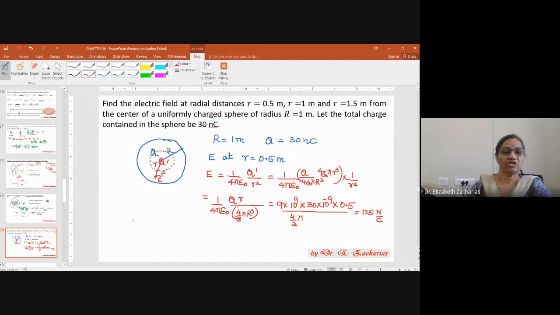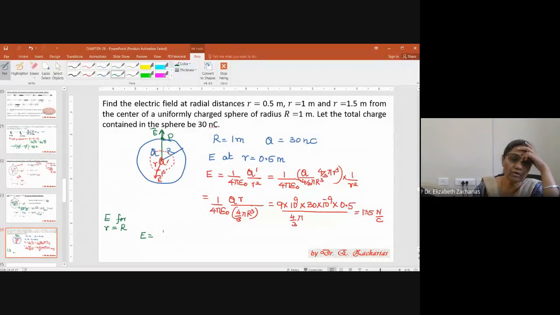Okay. Next, can you do it for small r equal to capital R? So how do you do that? The electric field will be, that means you're talking about a point here. This point P will see the entire charge capital Q enclosed, and you will find that the electric field is radially out.